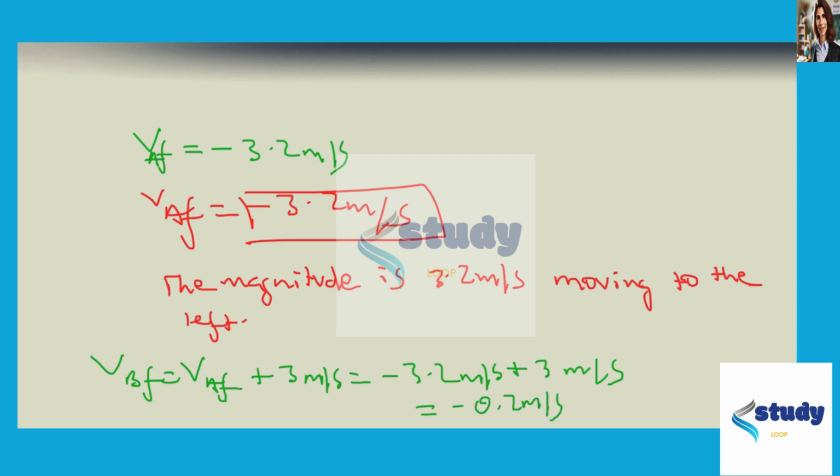So then we finalize this by saying the magnitude and direction of the final velocity of A is negative 3.2 meters per second. In terms of numbers, the magnitude of the final velocity of B is 0.2 meters per second, and it's moving to the left.